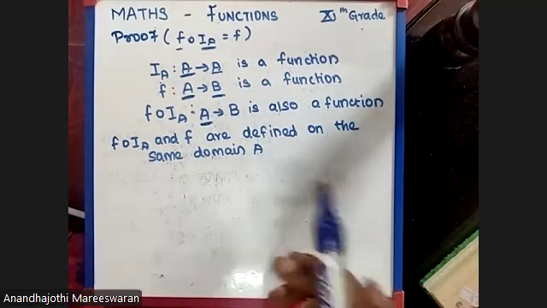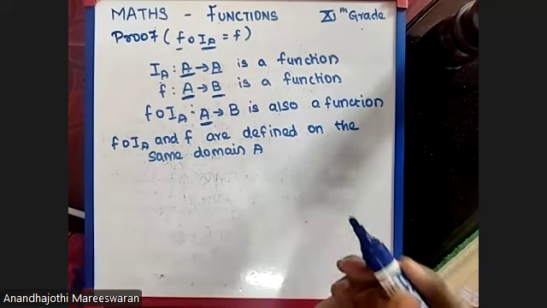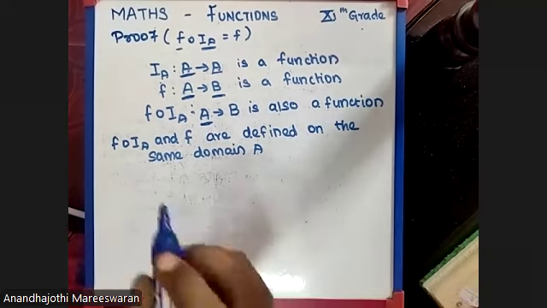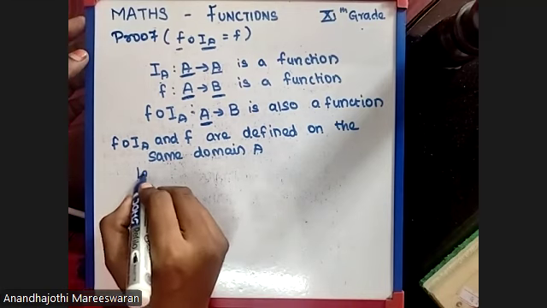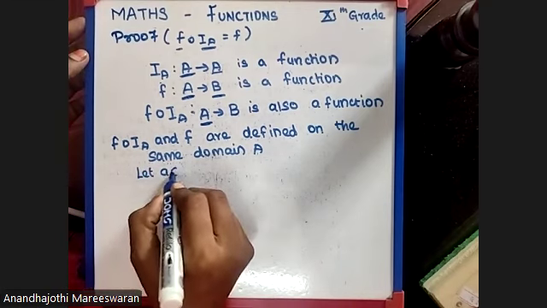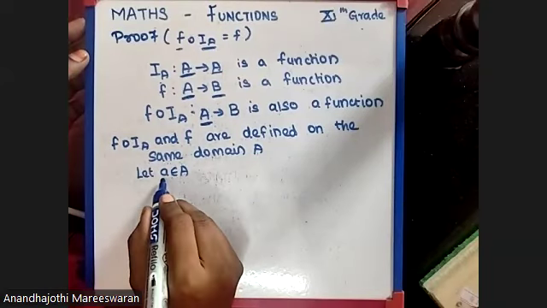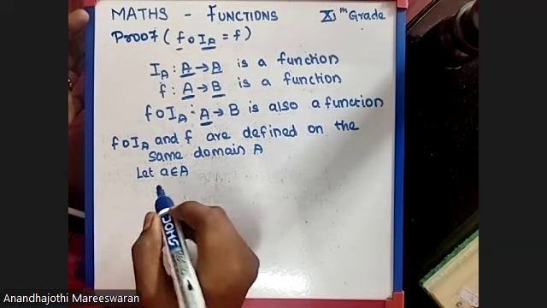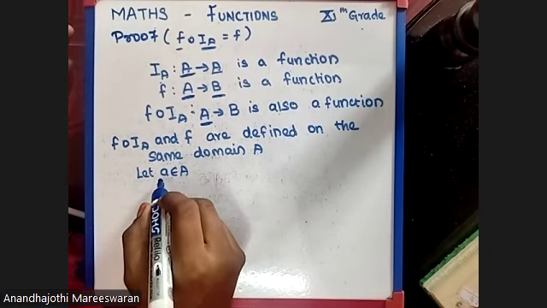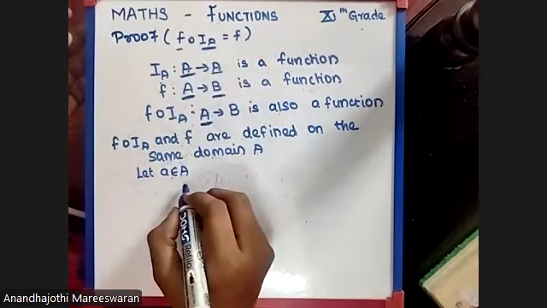Clear? Now we are going to do the element part. For that, I will consider element a. Let element a belong to the set A. The small letter a will be considered as an element in the set A, right? So I am going to keep this element in both the functions.